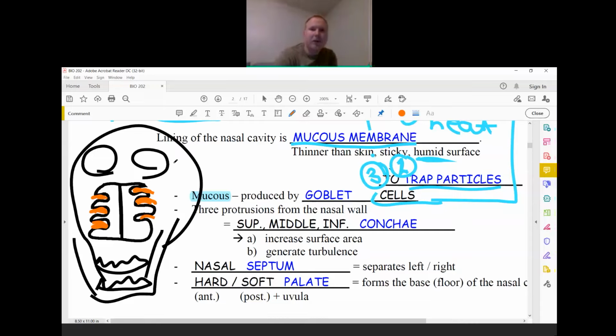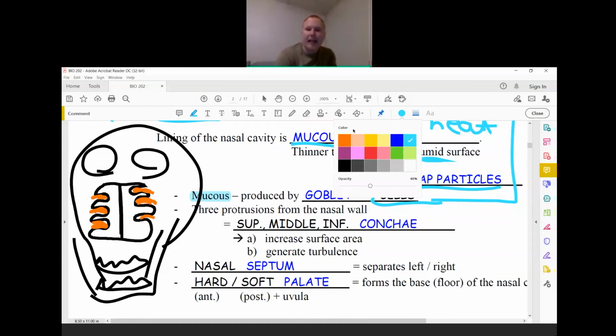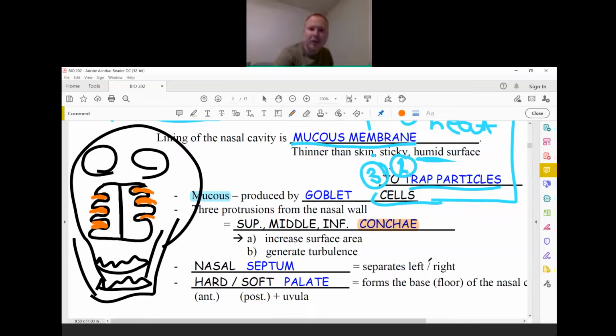And these conchae are going to be really important for us in terms of helping the nasal cavity to do its job. And what it helps the nasal cavity to do is, first of all, it increases the surface area. So just like we had microvilli, villi on the surface of the cell to make the surface area bigger, conchae do that. The other thing that conchae do, they generate turbulence.